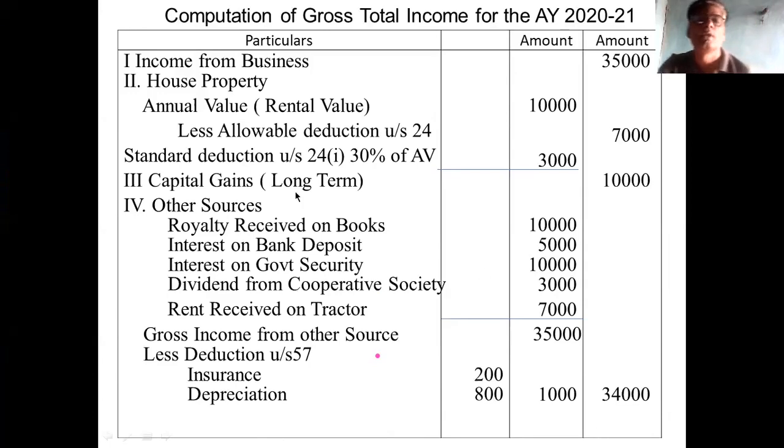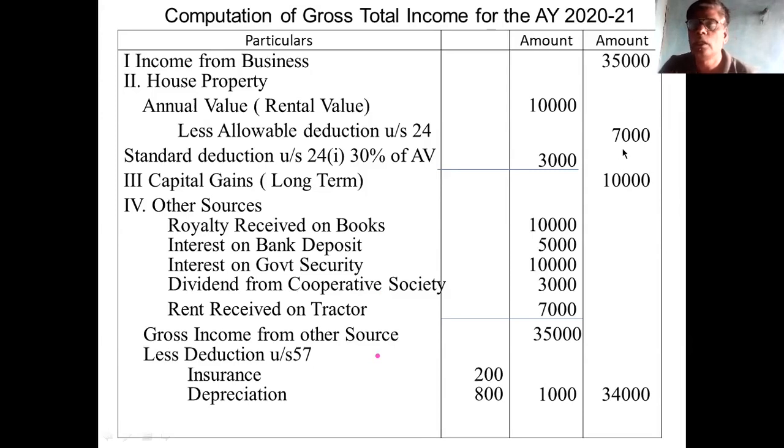You see here, house property head in the outer column, business income in the outer column, capital gain in the outer column, other source in the outer column. In the outer column there are only four amounts, and the four amounts are related to the respective heads.